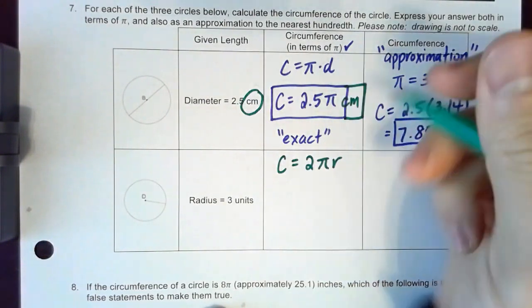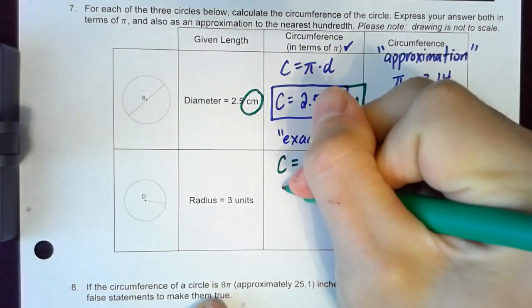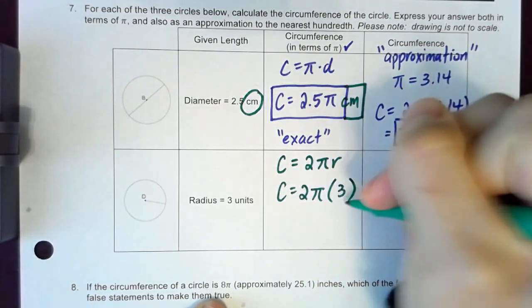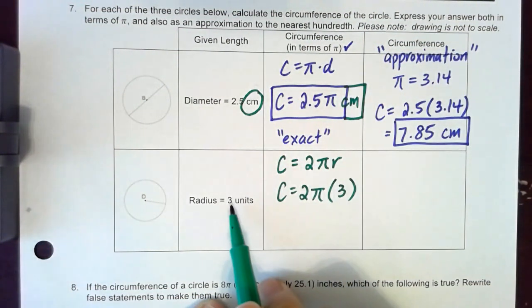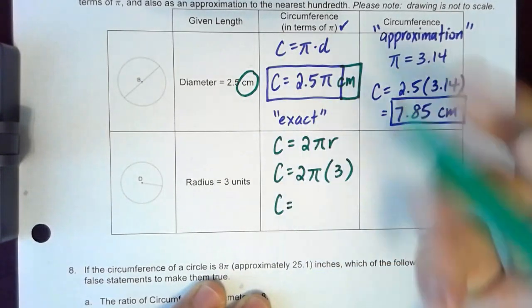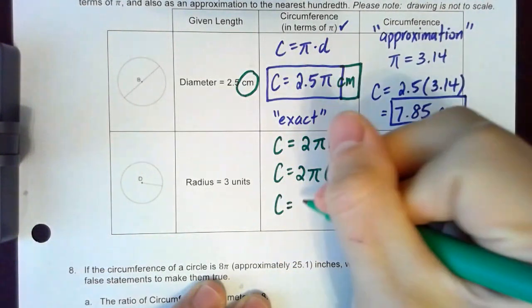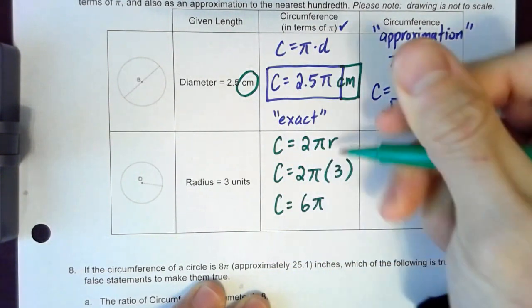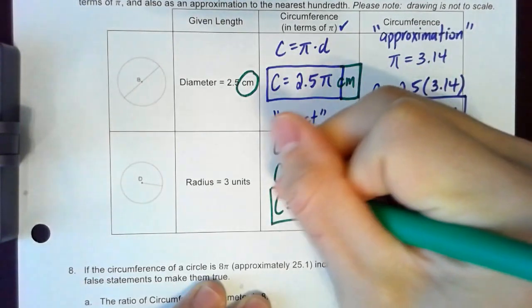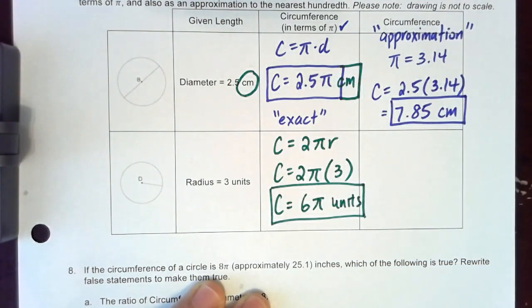So I'm going to go ahead and leave the answer as pi and say C is equal to 2 pi times 3 because 3 is the radius. Okay. Then obviously, you know that you can multiply the 2 and the 3 and you get 6 pi. And the units were units, so I'm just going to leave it like that.